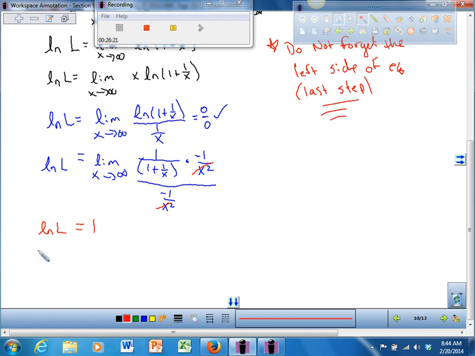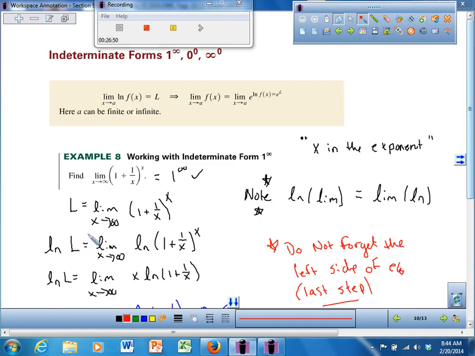E to the power of both sides. So L is equal to E to the first, yep. There is our solution. L is the limit that we were looking for from the beginning. You remember, we renamed that limit L, so that's what we're trying to solve for in the end.